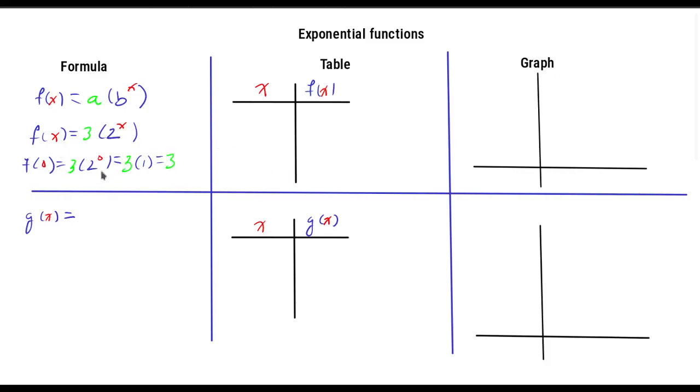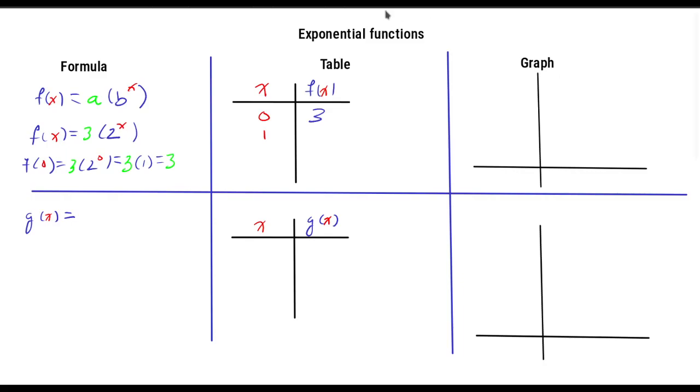And to see what the 2 is, let's actually continue these computations and fill in our table here. So we just saw that f of 0 gave us 3 back. If we take f of 1, what happens?